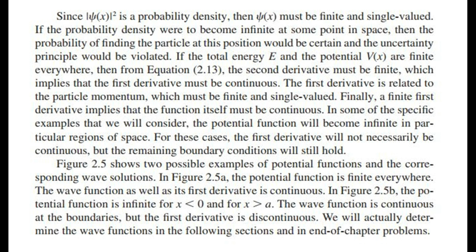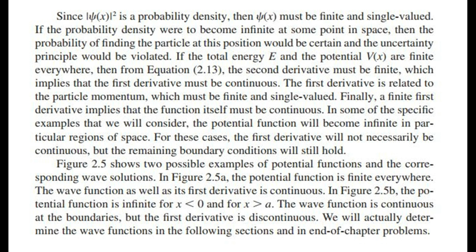In Figure 2.5a, the potential function is finite everywhere. The wave function as well as its first derivative is continuous. In Figure 2.5b, the potential function is infinite for x < 0 and for x > a. The wave function is continuous at the boundaries, but the first derivative is discontinuous. We will actually determine the wave functions in the following sections and in end of chapter problems.